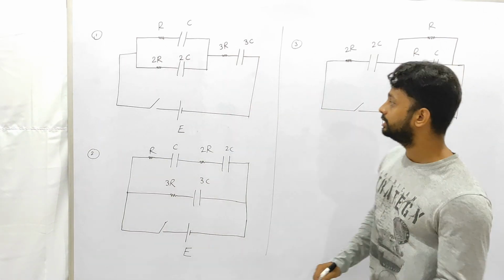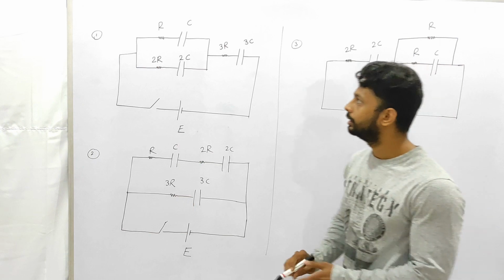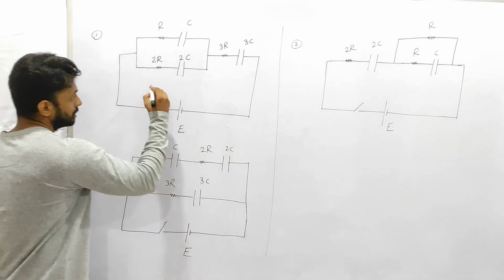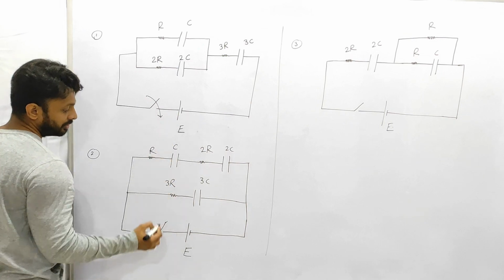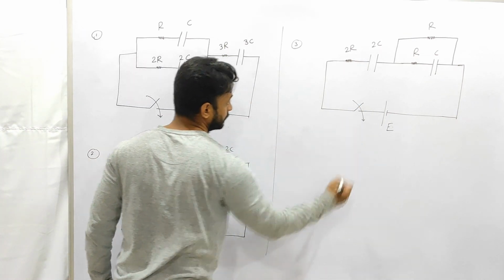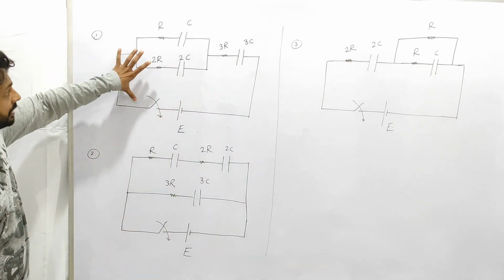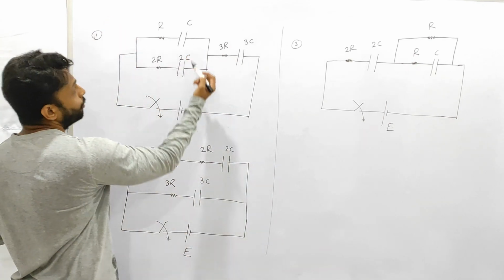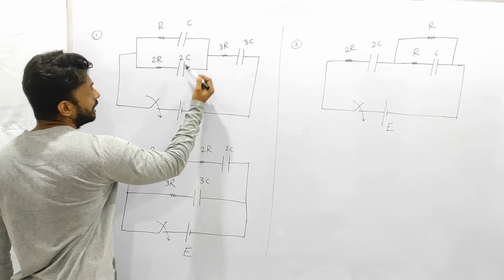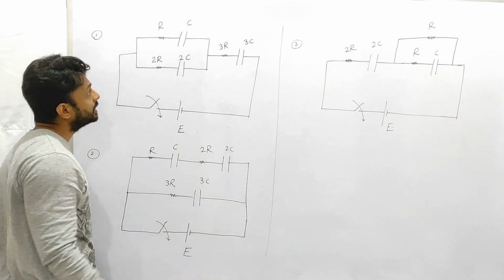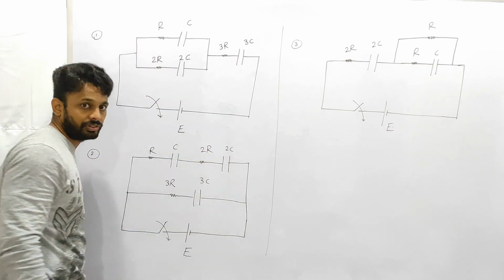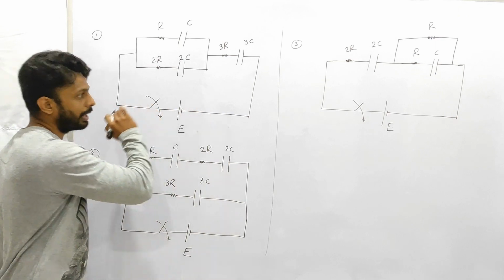Okay, now let's consider another set of questions. Here the circuits are given, and in all these questions the switches are closed at t equal to 0. In every question, I want to find the charge on any capacitor as a function of time, and the current passing through every capacitor as a function of time, and also through the battery.